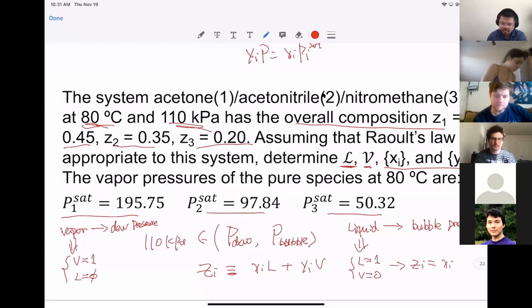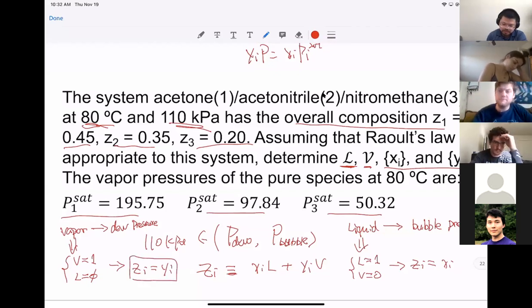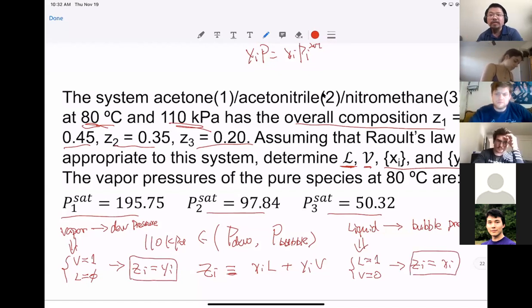So now when you come back to this zi, zi is converted to yi. I want to add those two equations so that when you come back to read the example, I hope it would be much easier.